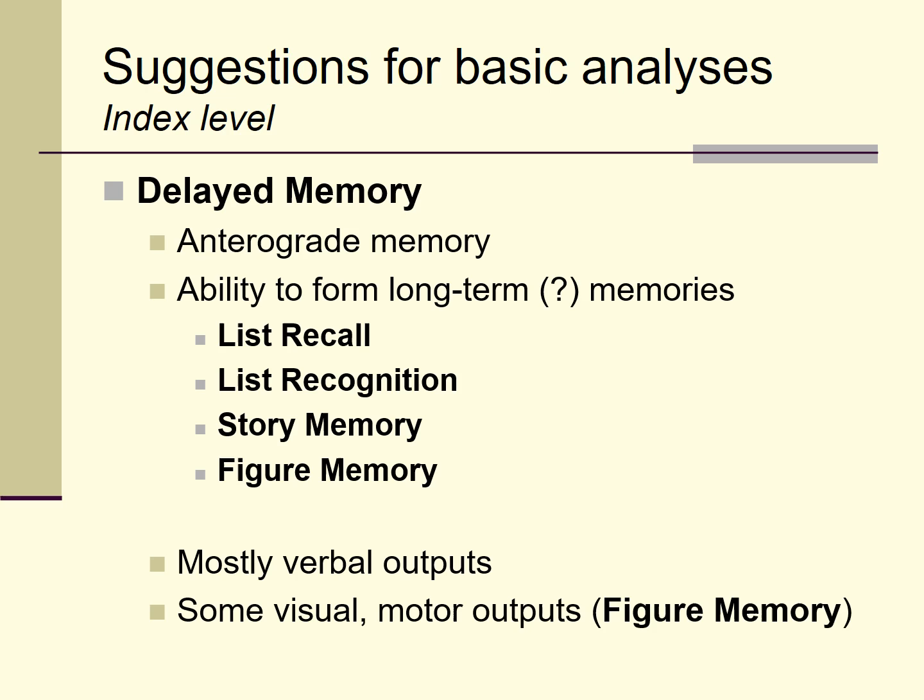That's not very long-term memory. That's not days or months or years or decades of your life. But it's longer term memory than the immediate memory index earlier. As you could tell, it involves some verbal outputs, also some visual and motor outputs, especially for the figure memory.